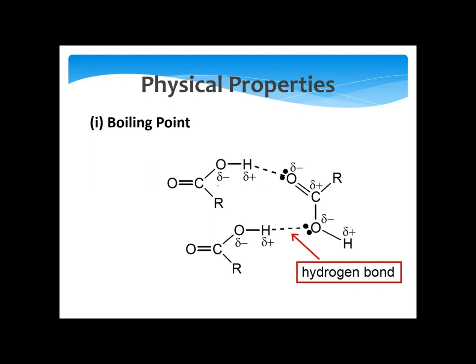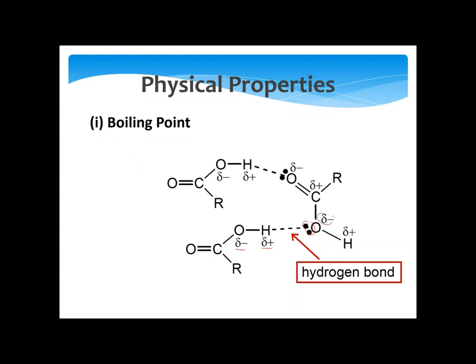Now, recap, for a hydrogen bond there should be a lone pair on either O, F, or N, as well as a hydrogen bonded to O, F, or N. So if you have to draw the hydrogen bonds between 2 carboxylic acid molecules, there should be a lone pair on oxygen. There should also be delta plus on H in the OH group, and delta minus on the O in the OH group.